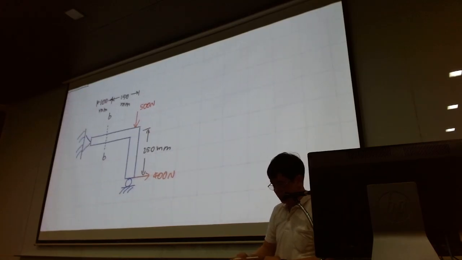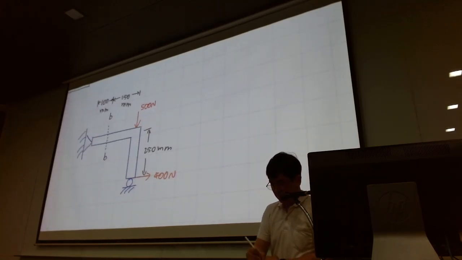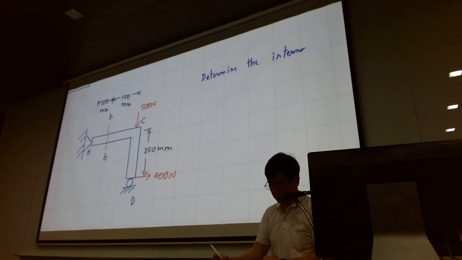So my question is still the same. This is A, B, let's say this is my point C, this is my point D. So determine the internal force, internal loads. Now when I say cross section, I would say this X section, BB.